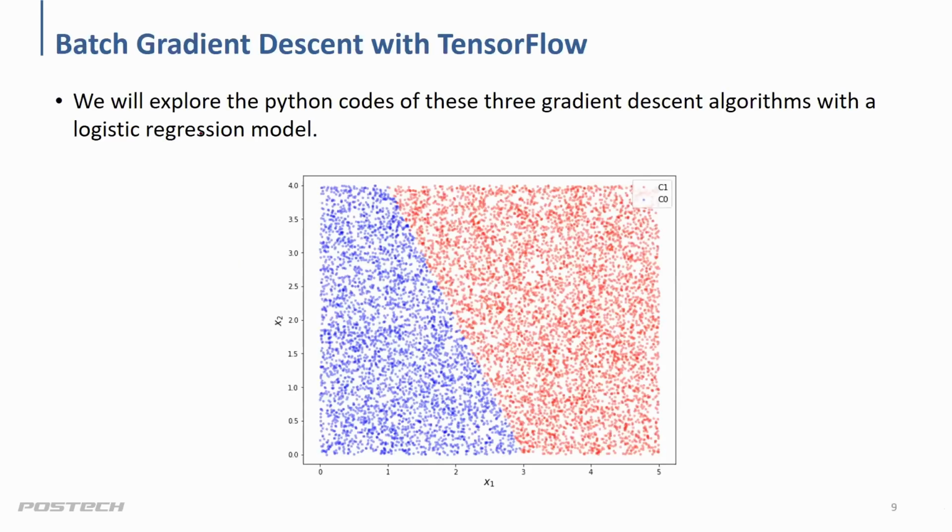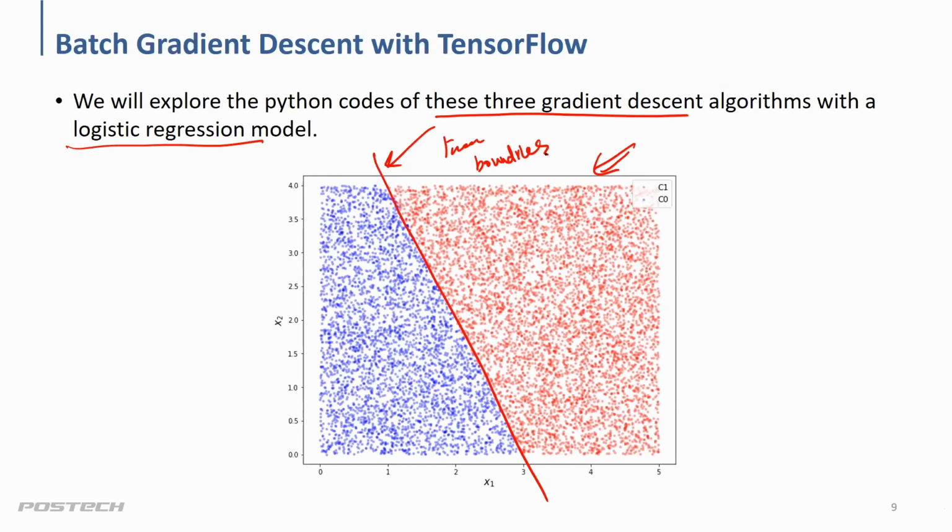I'm going to use logistic regression, which we already discussed in the previous lectures, and make a comparison of the three different gradient descent algorithms using this data set. I'm hoping that there will be linear boundaries eventually.